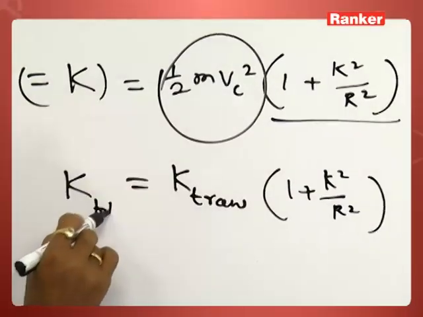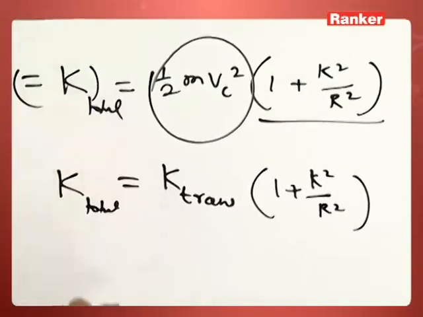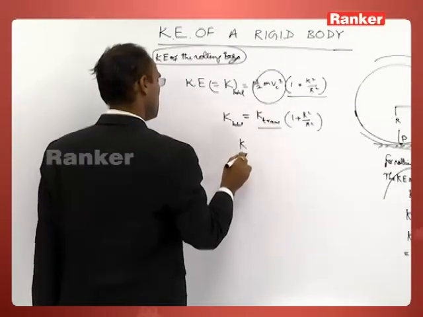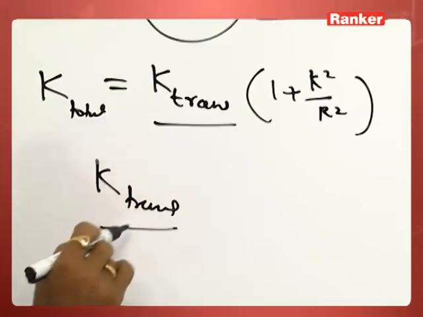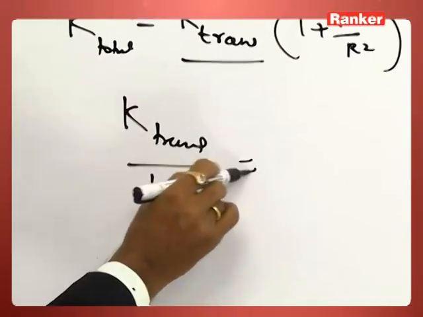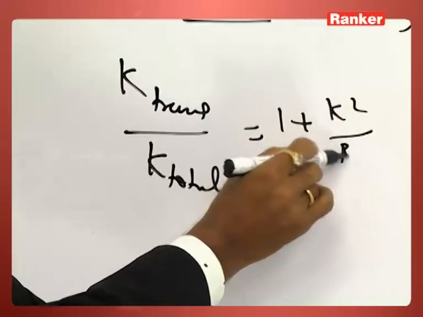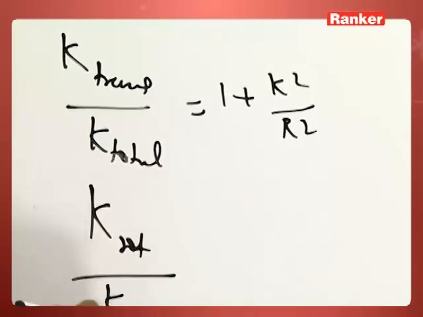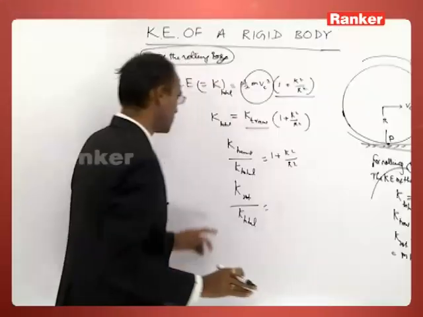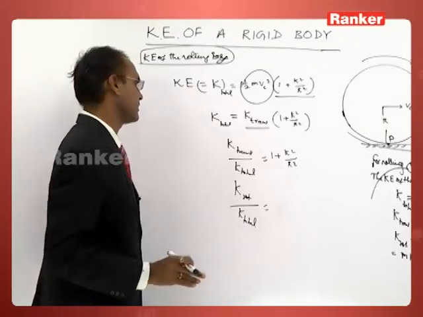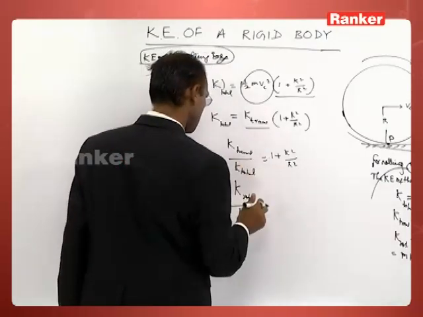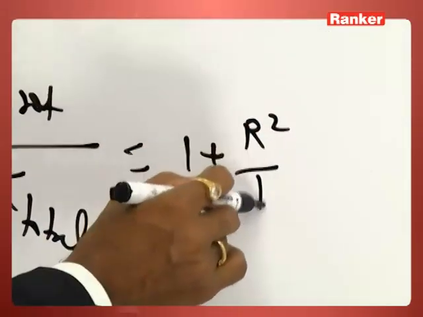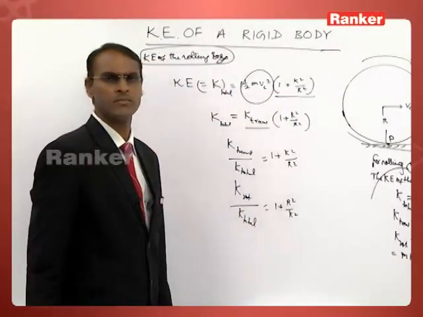So the total kinetic energy is equal to translational kinetic energy into this factor. So the total kinetic energy by translational kinetic energy is equal to 1 plus k square by r square. And therefore the rotational kinetic energy upon the total kinetic energy can be written as 1 plus r square by k square. You can prove.